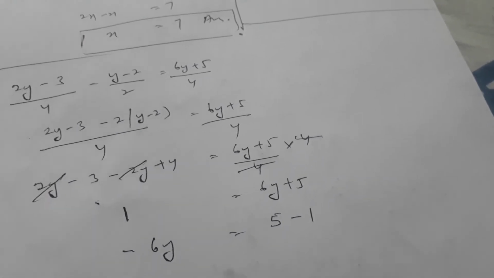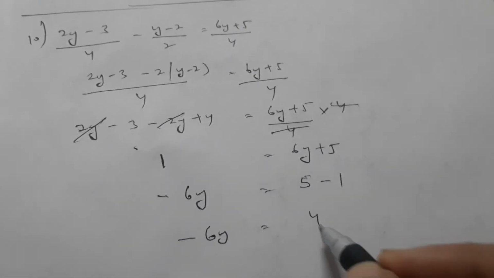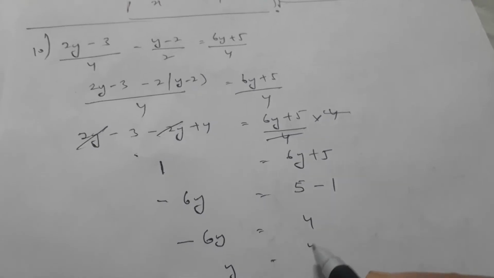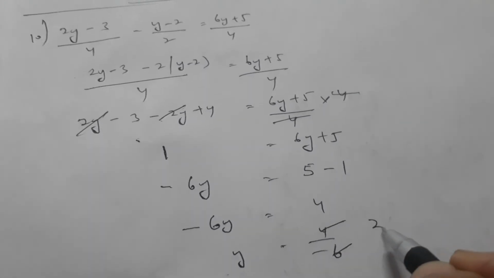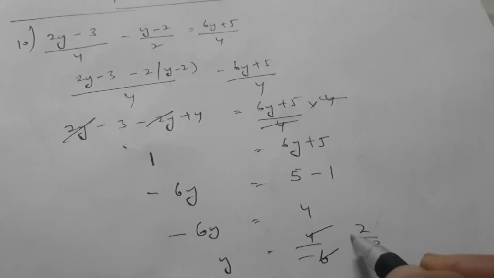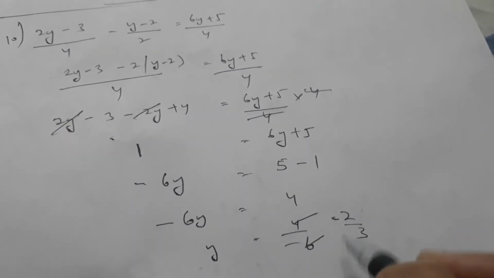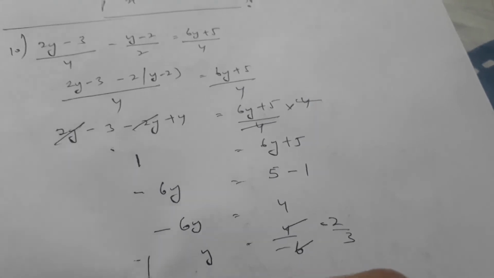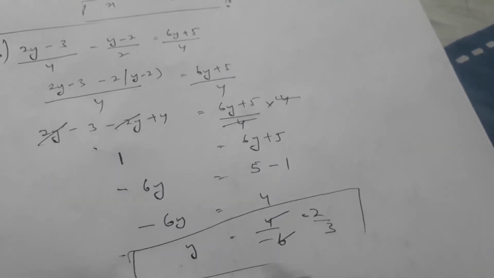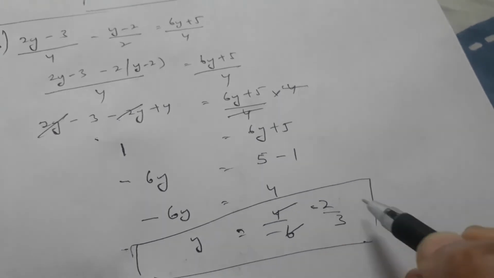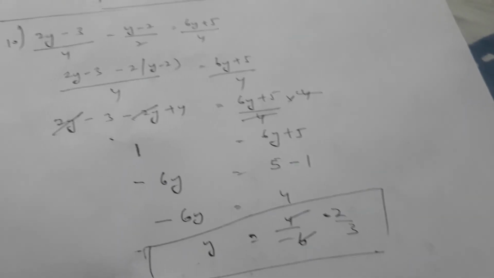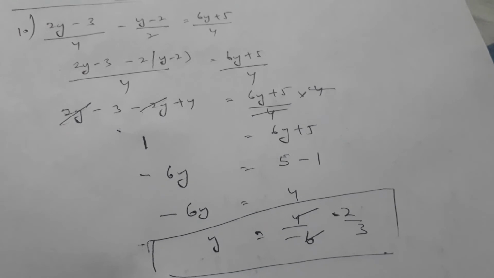So minus 6y equal to 4. So y equal to 4 by minus 6. So it will be coming out as 2 twos are 4, 2 threes are 6. So our answer will be y equal to minus 2 by 3. So the answer of the 10th question of exercise 8.1 is y equal to minus 2 by 3, which is our answer. Hope the question is clear.